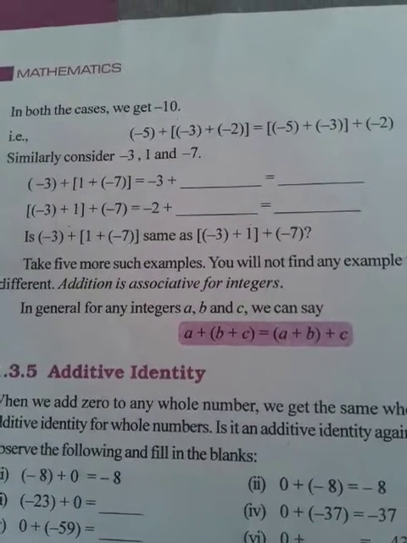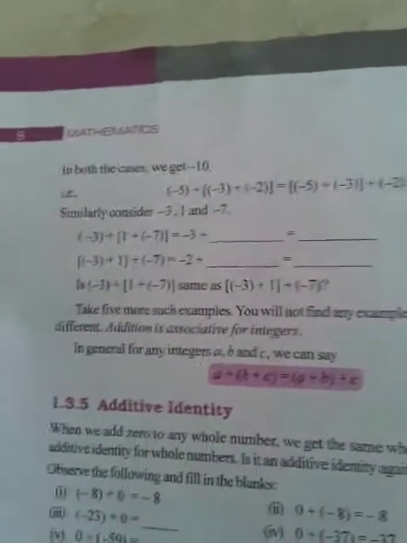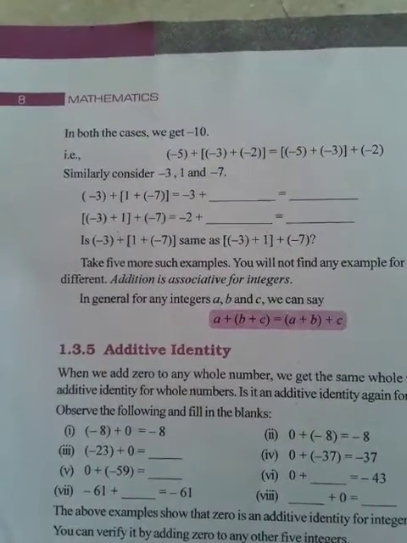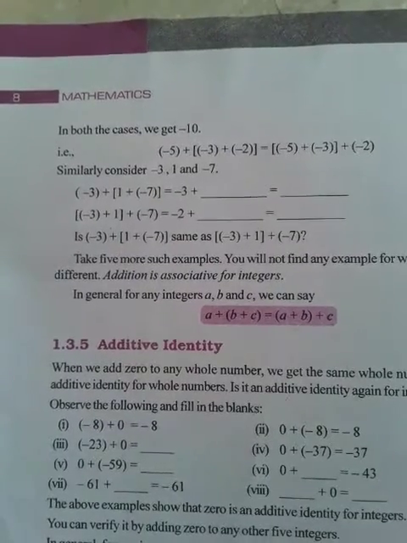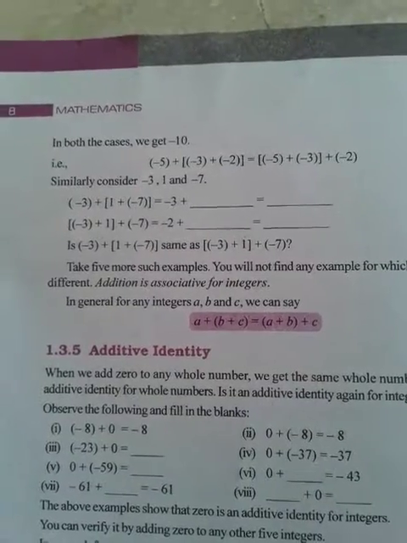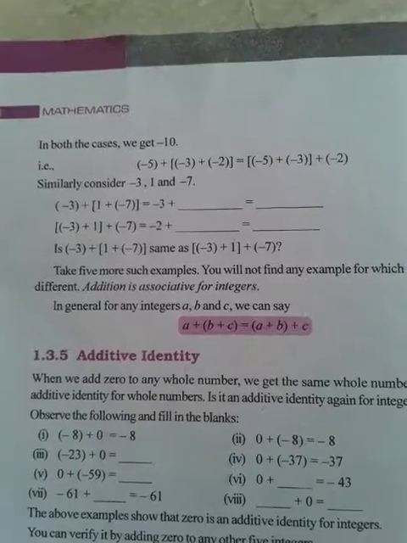Similarly consider minus 3, 1 and minus 7. You can do the same way. So in general for any integers a, b and c, a plus in bracket b plus c bracket complete is equal to in bracket a plus b bracket complete plus c. We can add any way.